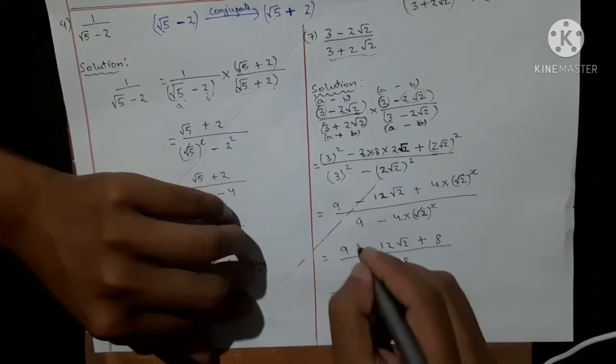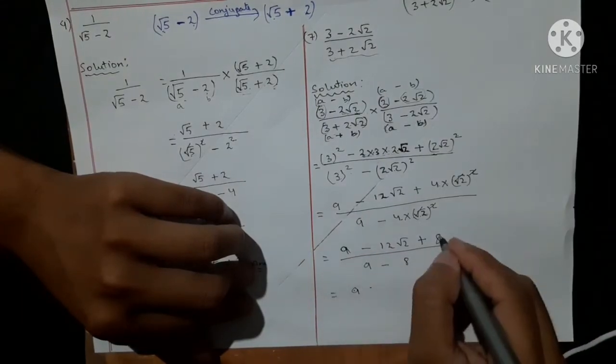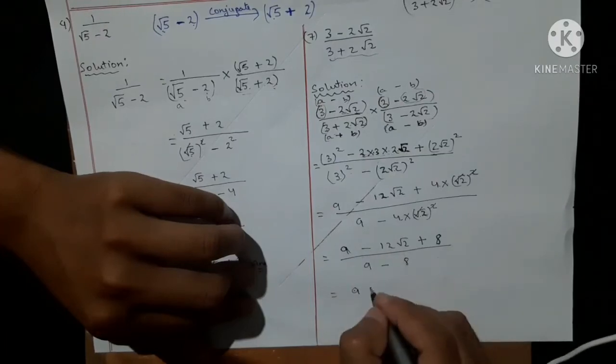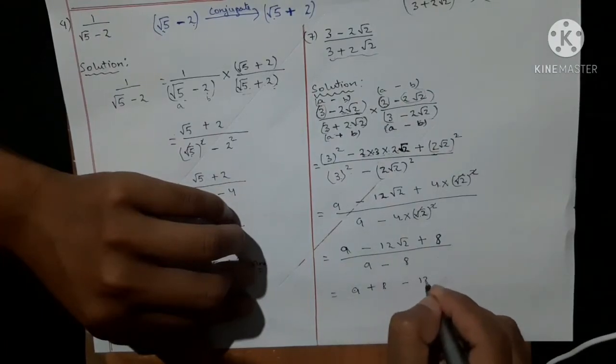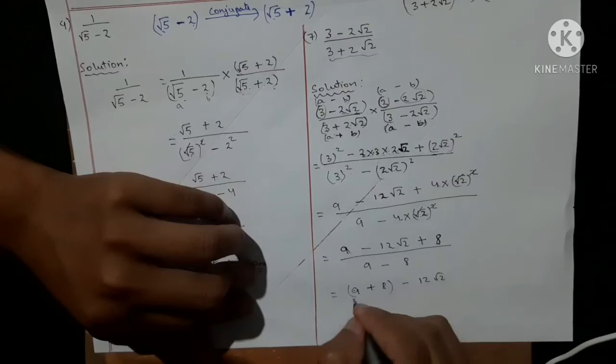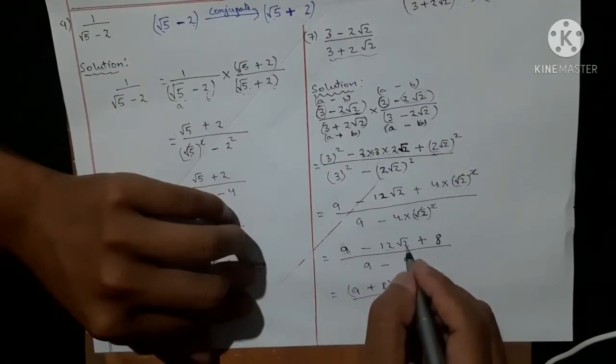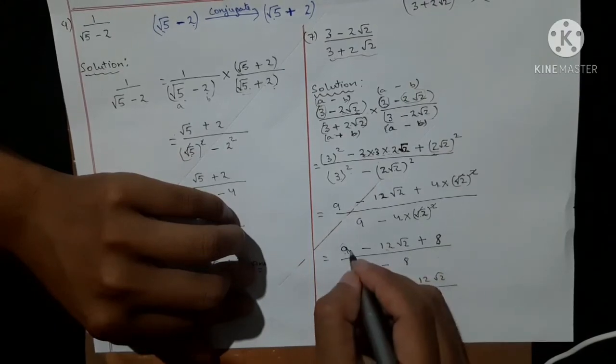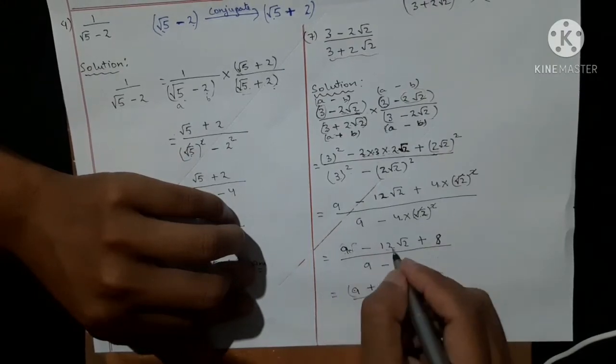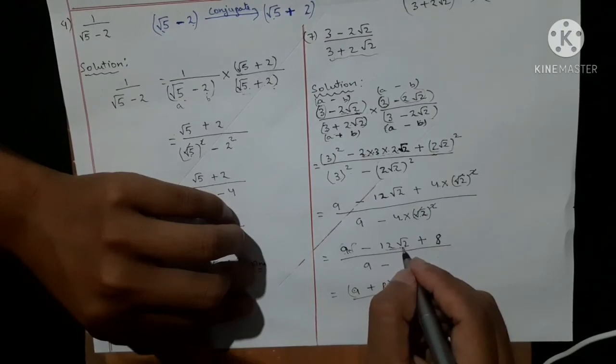Rearranging this, we add this 9 with 8. These whole numbers, we have 9 plus 8 minus 12 square root 2. Now remember, we cannot add or subtract 9 with 12 square root 2 because these are not like terms. This 9 does not have square root 2, but here we have 12 square root 2.